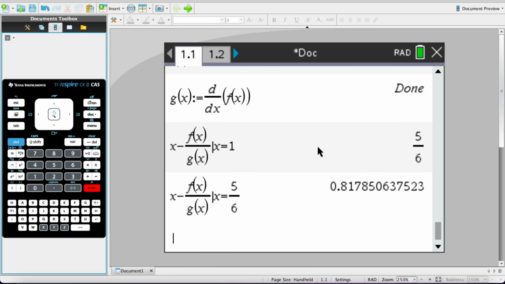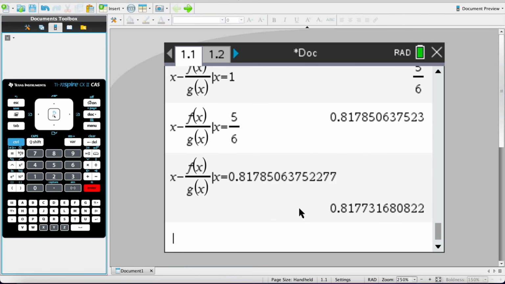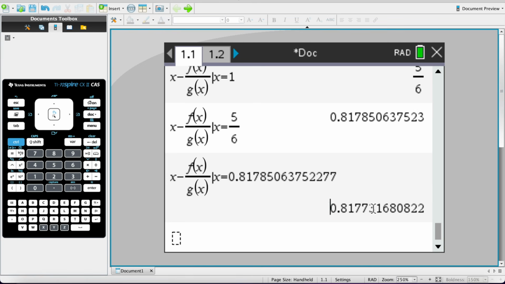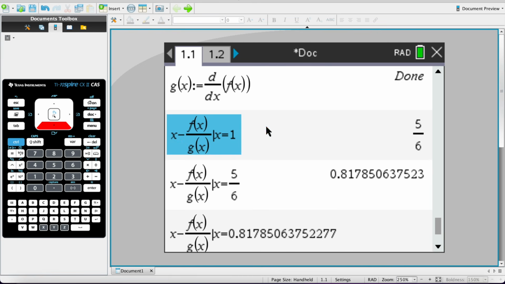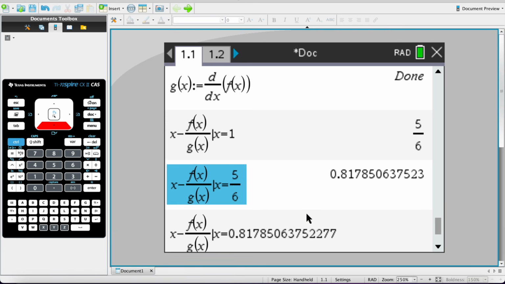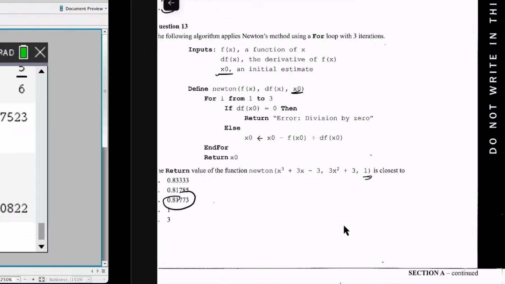So this is 1 iteration, this is 2 iterations, and then the third iteration is 0.8177. Be very careful because it says return x0. So yeah, that's fine. So 0.8177 would be the third: 1 iteration, 2 iterations, now 3 iterations. So 0.81773, which is that answer there.